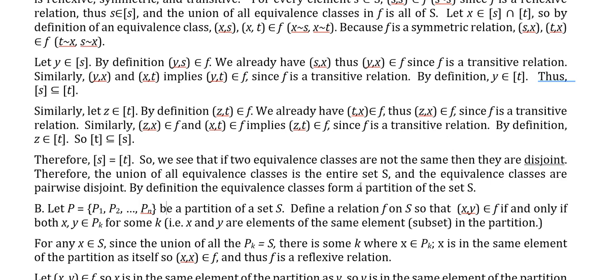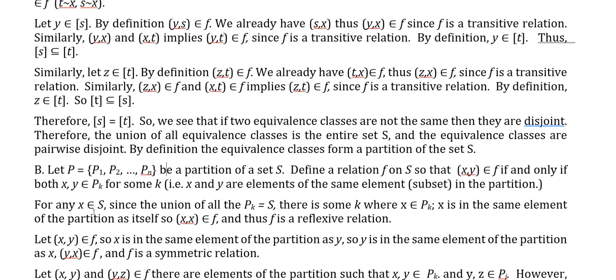So define a relation F on S so that X is related to Y, in other words, XY is an element of F, if and only if both X and Y are in the same element of the partition, for some K. Okay.